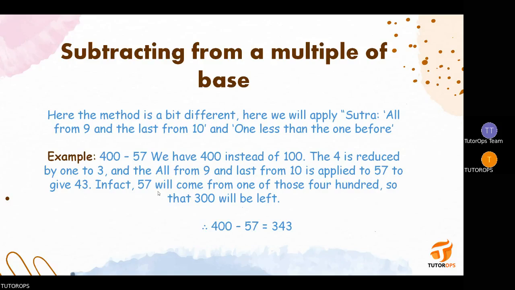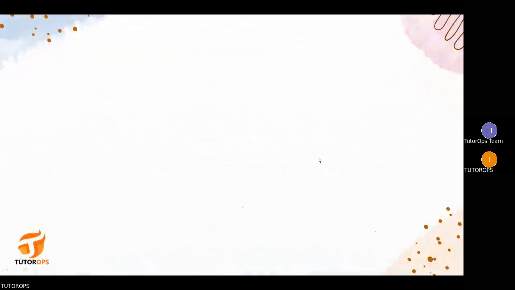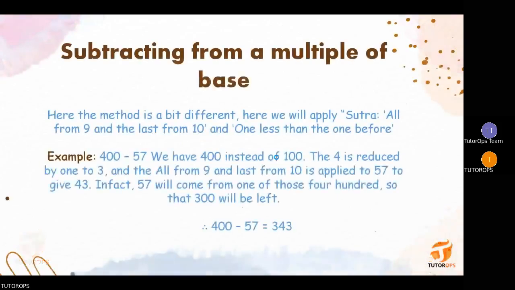Now, for multiple of base, we first reduce the first digit. The first digit here is 4. So we will reduce the 4 to 3 by 1. So reducing the first digit to its previous digit is called 1 less than 1 before.